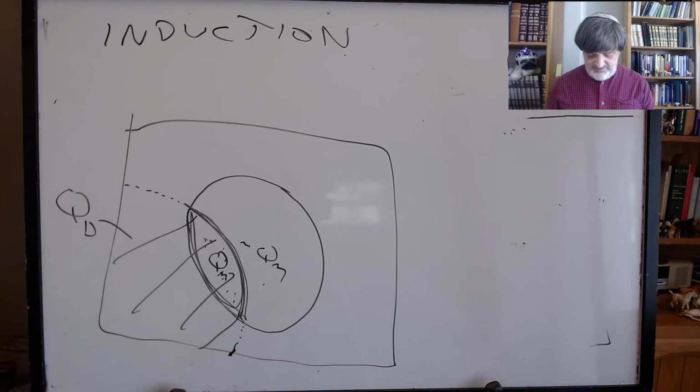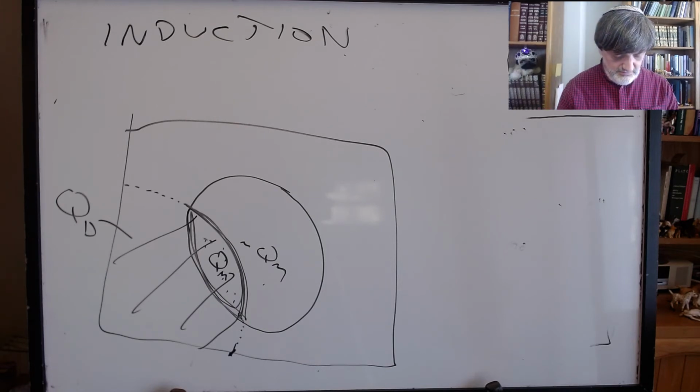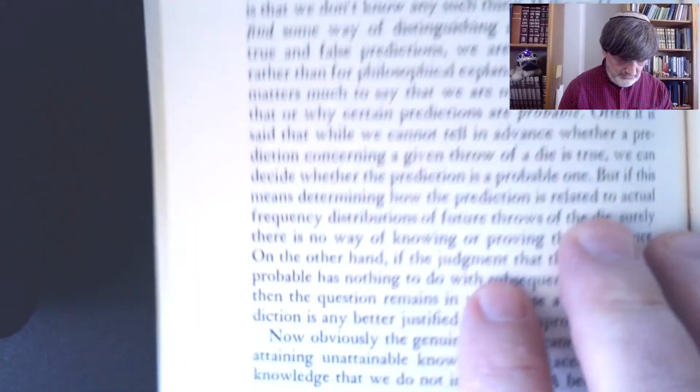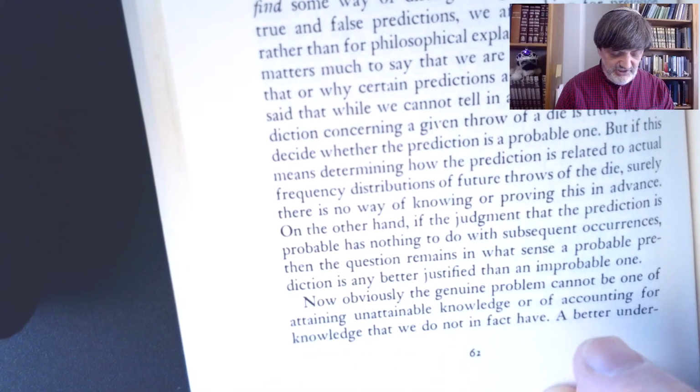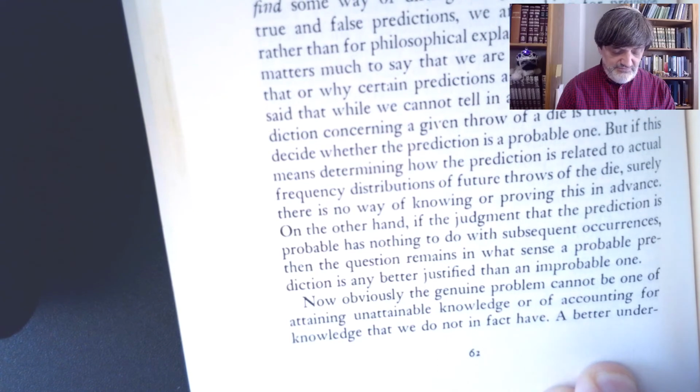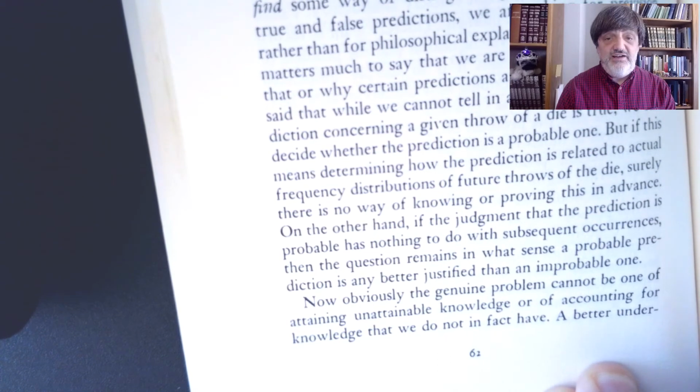Right, so as he puts it, if we switch back to the document camera again, he puts it on page 62. "Now, obviously, the genuine problem cannot be one of attaining unattainable knowledge or of accounting for knowledge that we do not in fact have.